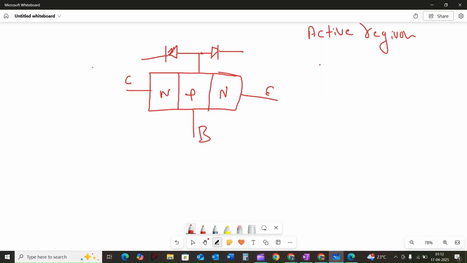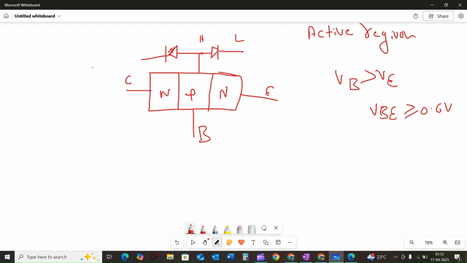Okay. In active region, the base potential VB is greater than emitter VE, here which is higher and this is lower, and VBE is approximately greater than or equal to 0.6 volt.